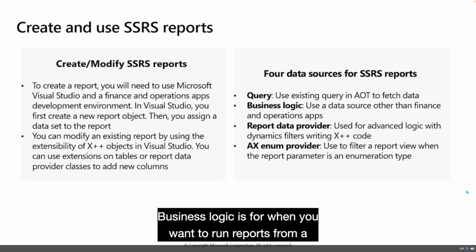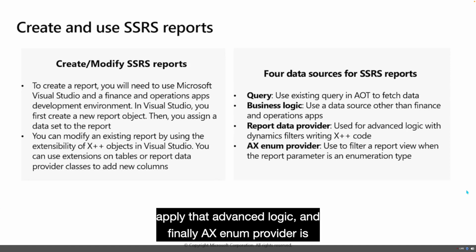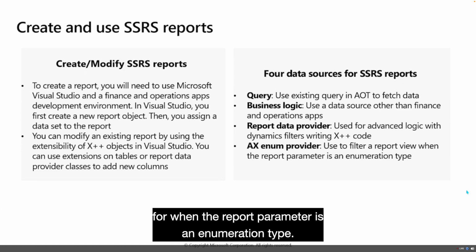Business logic is for when you want to run reports from a data source other than the finance and operations apps. Report data provider is your go-to if you want to really apply that advanced logic. And finally, AX enum provider is for when the report parameter is an enumeration type.